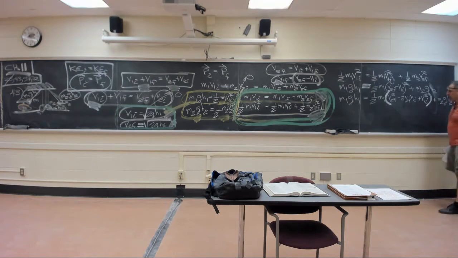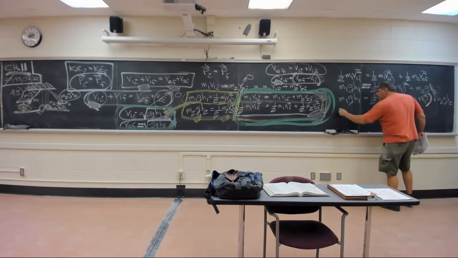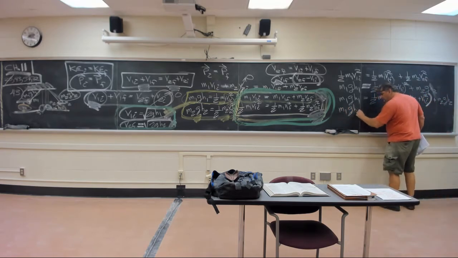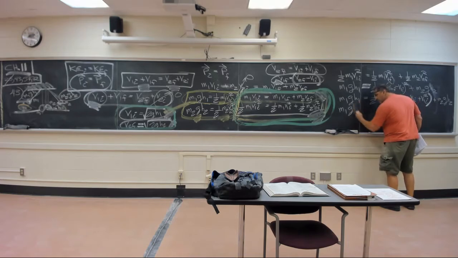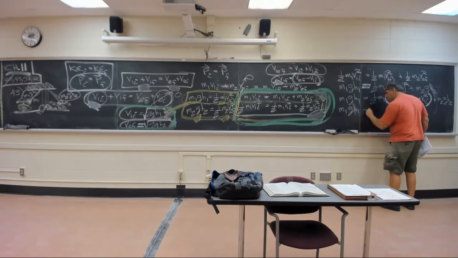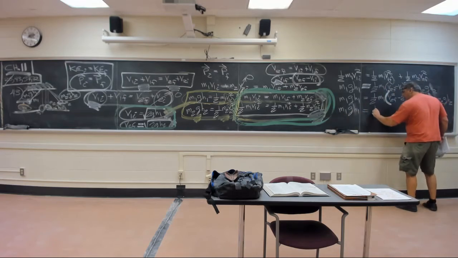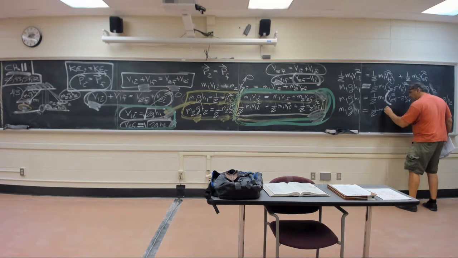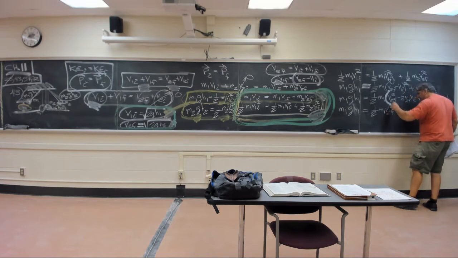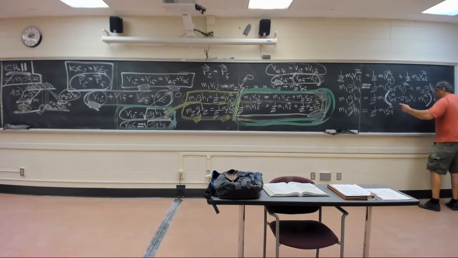Interesting. It's kind of all over the place on this one. There's a lot here. M1 GH1 equals 1/2 M1 V2F squared. It's a little odd. We'll see what the significance of that is.